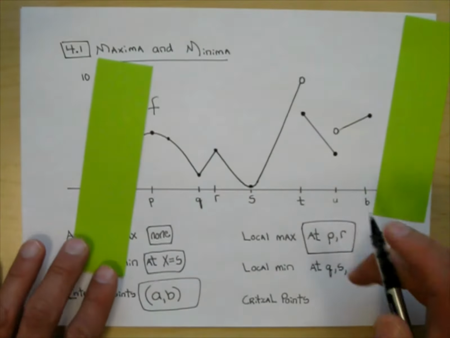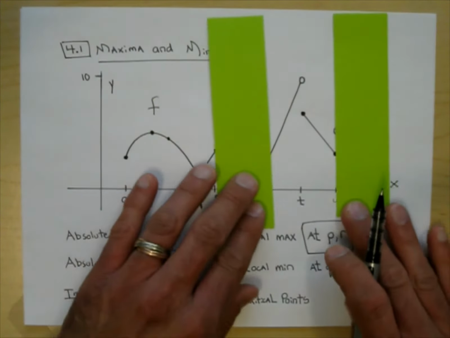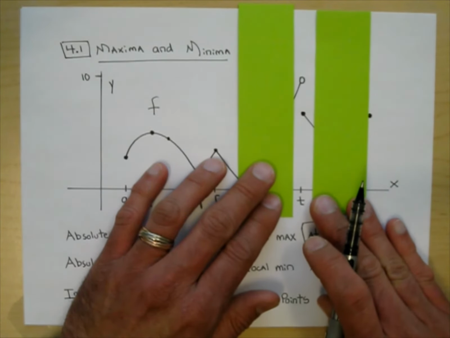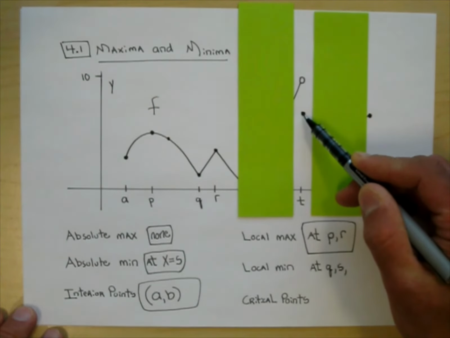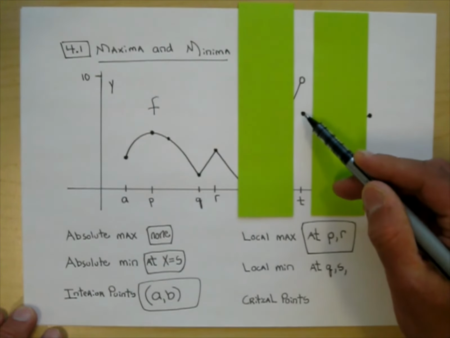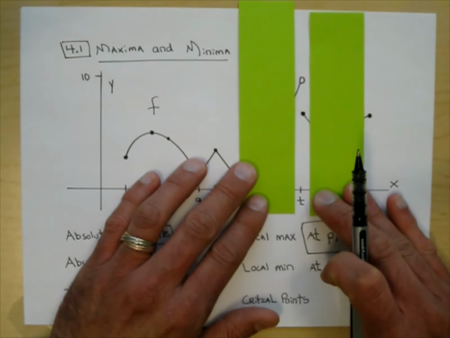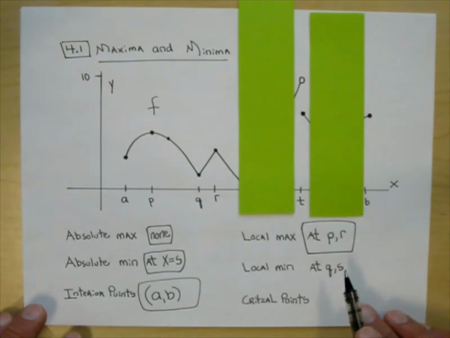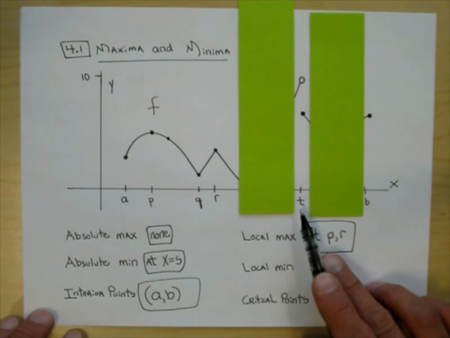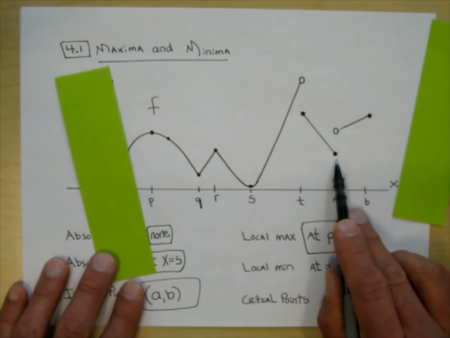Now let's take a look at these points because we really have to explore them a little more. Is this point at T a local min? And the answer is no. He is not the bottom dog of the neighborhood. So we do not have a local min or a local max at T. Let's take a look at this guy right here.